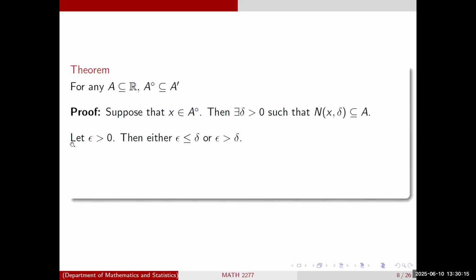So now I need to choose an epsilon. So how am I going to choose this epsilon? It has to hold for any epsilon. So let epsilon be any other radius. Then either epsilon is smaller than this delta, or it's bigger than this delta, right?